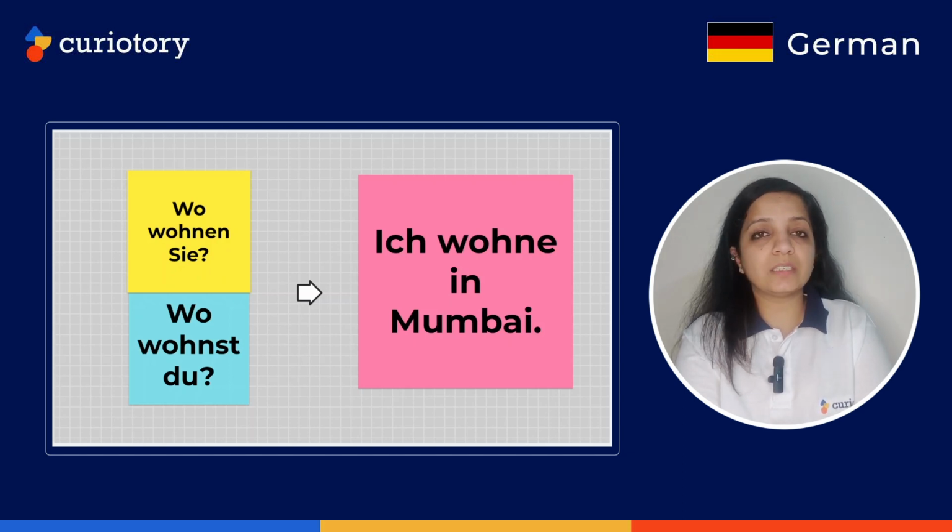When you want to ask this in an informal way, you will say Wo wohnst du? Which means where do you live? So this way of communication can be made with your friends in your college, in your schools, or the friends you are living with. Now, let's move further.